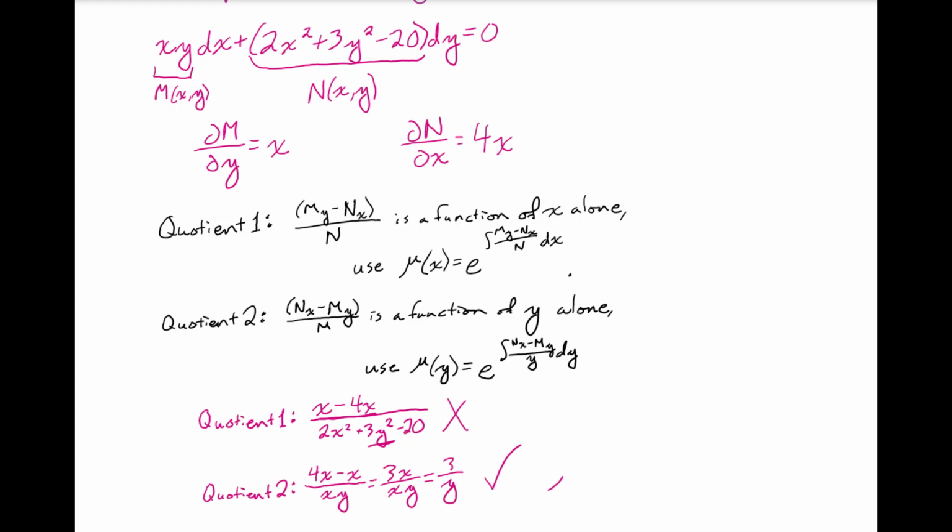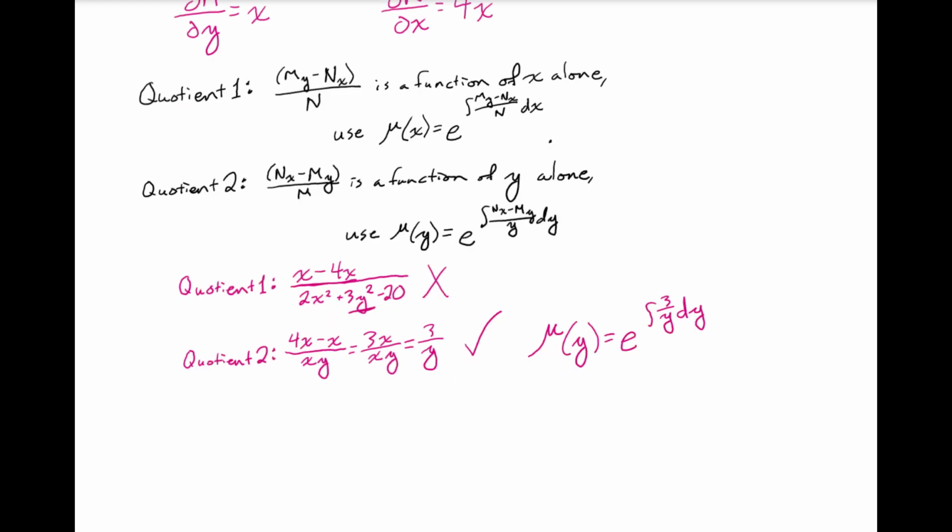So I'm going to be using an integrating factor, mu of y equals e to the integral of 3 over y dy. Having an integral in my integrating factor is not necessarily a great thing, so let's go ahead and take that integral, and we'll get e to the 3 natural log of y, which we know is equal to e to the natural log of y cubed by log rules.